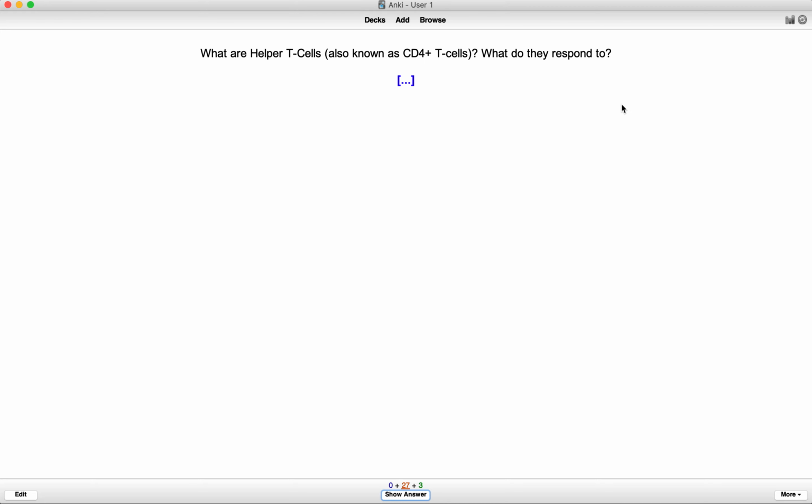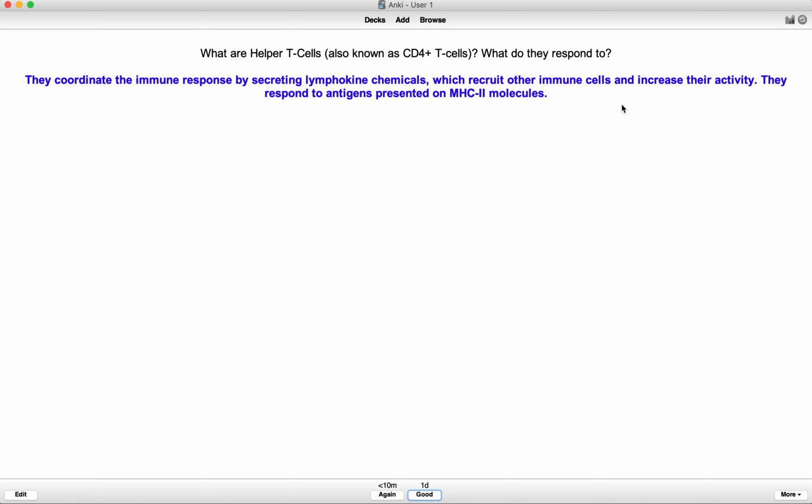What are helper T cells? Helper T cells coordinate the immune response by secreting lymphokine chemicals, which recruit other immune cells and increase their activity, and they respond to antigens presented on MHC 2 molecules. So how do they help?